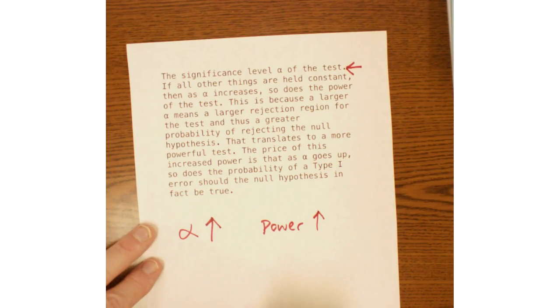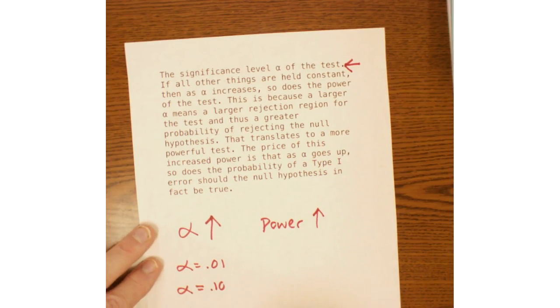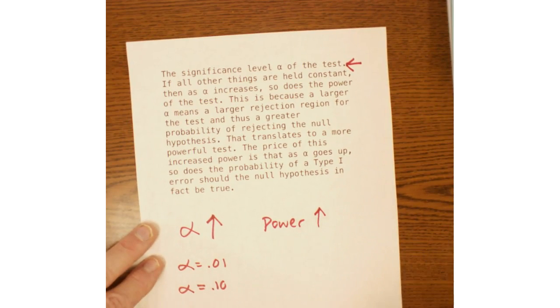If you increase the alpha level, so say if my alpha goes from 0.01 to 0.10, I'm going to reject more things. And I'll actually reject some things incorrectly, but I'll also reject things correctly. So I'm increasing the chance that I'm rejecting something correctly. So as alpha increases, my power increases.